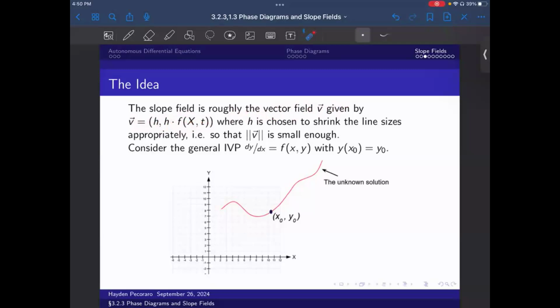So if I draw a little point here, then the vector should point in that direction, same as the slope of a tangent line. So we're just drawing slopes of tangent lines at every single possible point. And then if we give an initial condition, then we can follow those slopes to get hopefully an approximation to a solution.